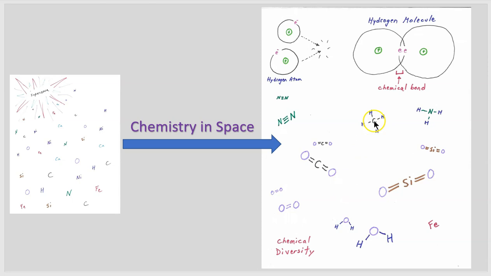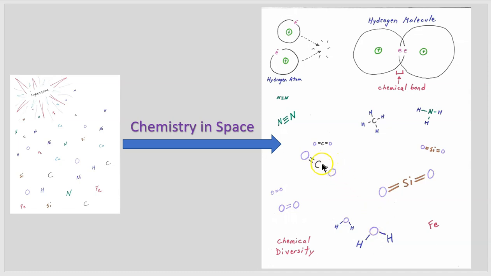So this carbon atom is making a chemical bond with this hydrogen atom, but also a chemical bond with three other hydrogen atoms. Here the carbon is making two chemical bonds with one oxygen, two chemical bonds with another oxygen. So carbon tends to make four chemical bonds, oxygen tends to make two chemical bonds, and hydrogen tends to make one chemical bond. Here the hydrogen is simply making one chemical bond with the carbon. Here the hydrogen atom is making one chemical bond with the oxygen.